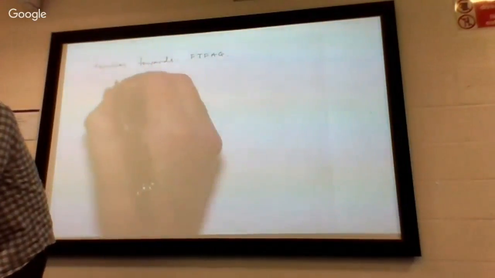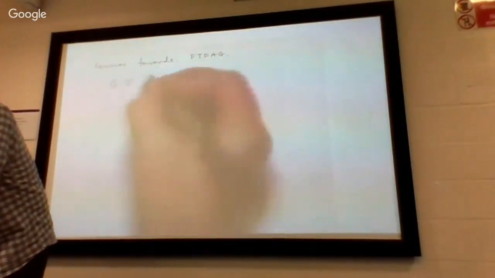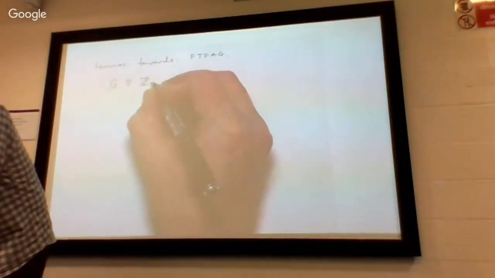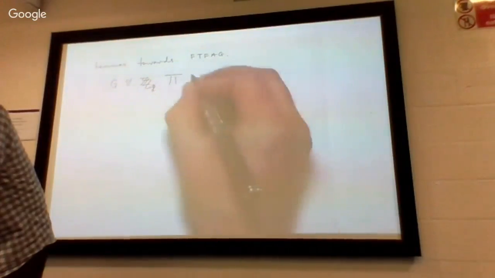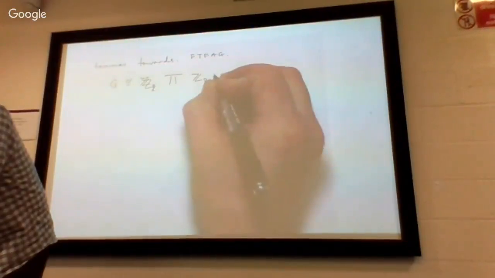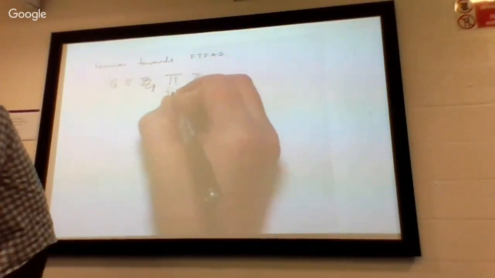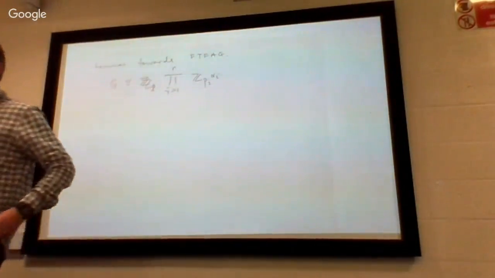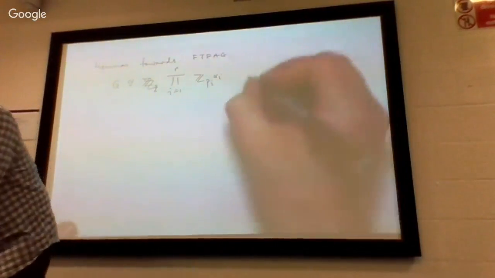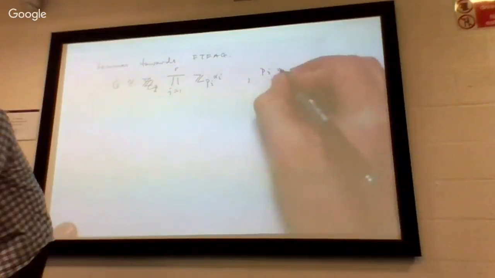So this is basically the result that G, any finite abelian group, is going to be isomorphic to a direct product of cyclic groups. We use this capital P notation to denote the direct product. The p_i are not necessarily distinct.